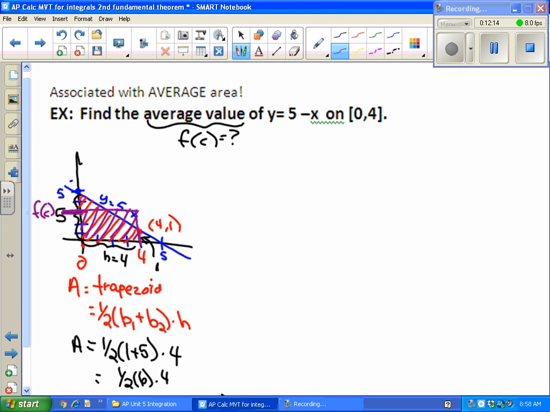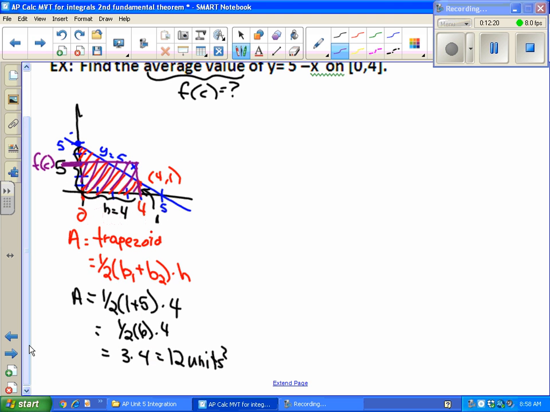I bet you could predict what it's going to be, because if this is 4 units wide, how high does my rectangle need to be so that I can match an area of 12 units? 3. So we know that the f of c value that we're looking for is 3 on the x-axis. Let's see if the mean value theorem gets us that.